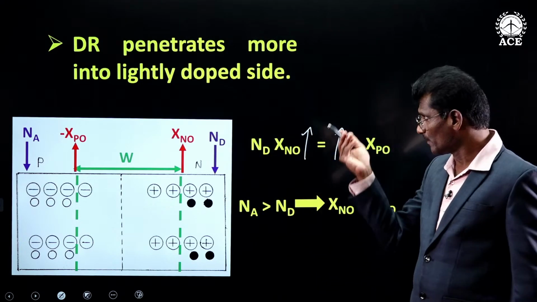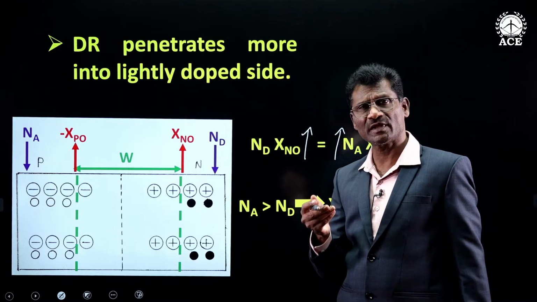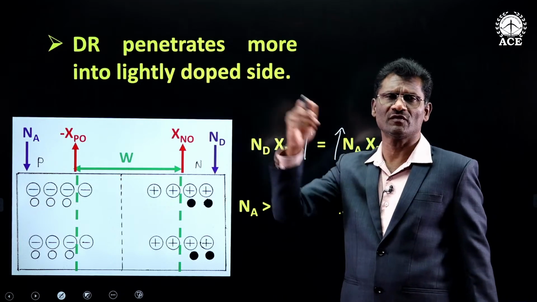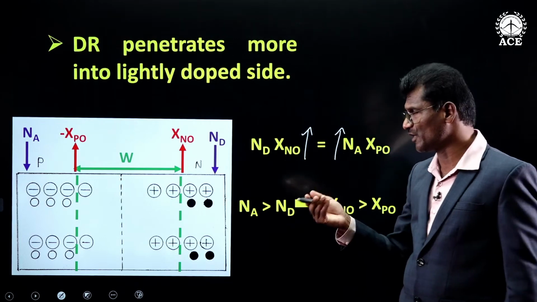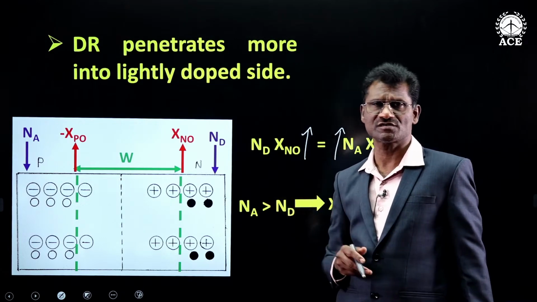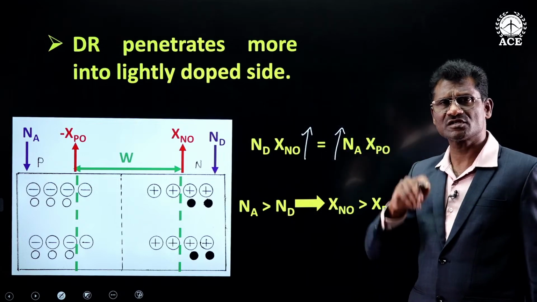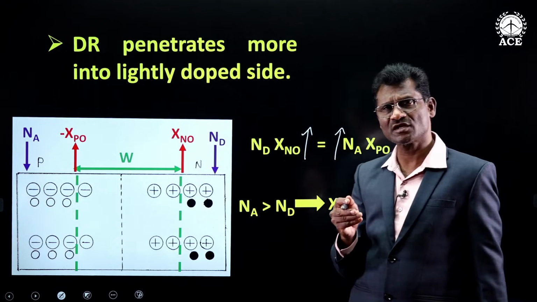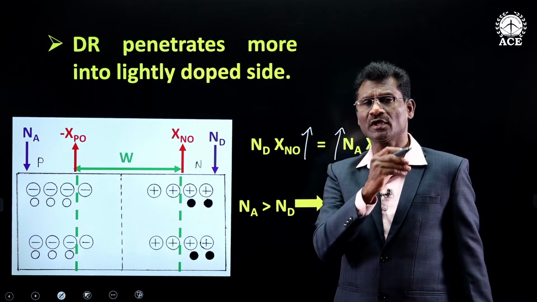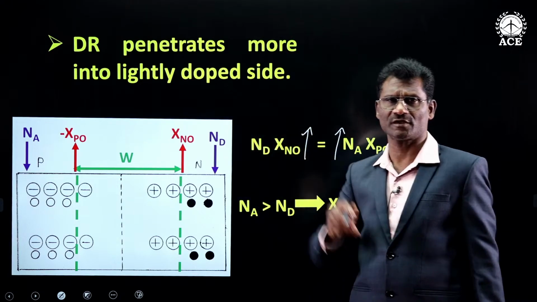Why? Because based on this statement, we explain plenty of concepts in plenty of devices. If you can recall, in a BJT, bipolar junction transistor, when the collector junction is reverse biased, the depletion region penetrates more into the base when compared to the collector.